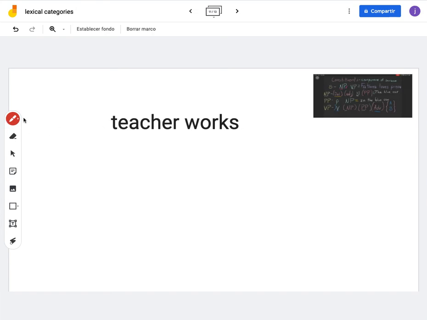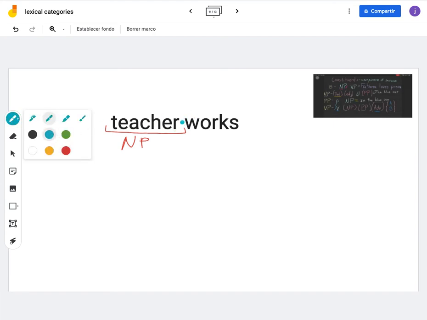Okay, so we underline "Teacher", it's a noun phrase, okay, because it contains the noun. The noun is teacher.